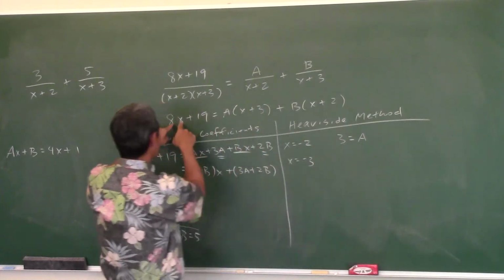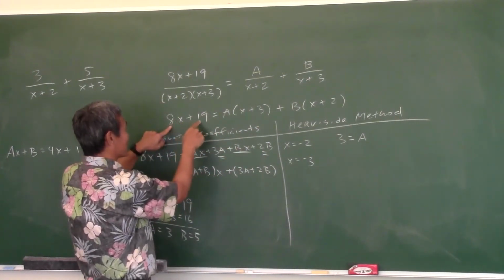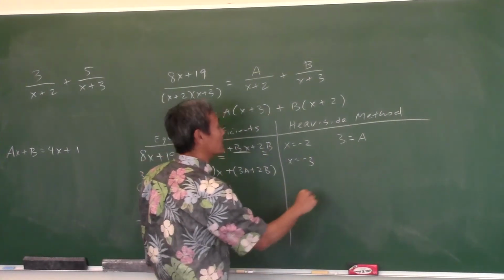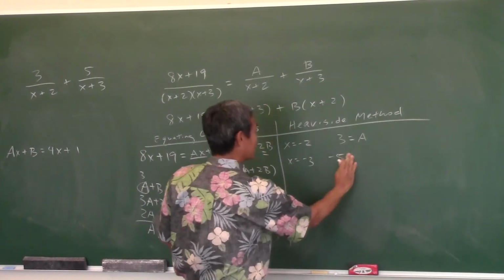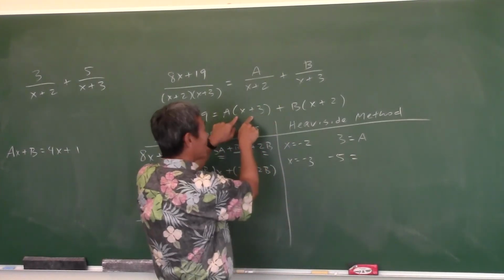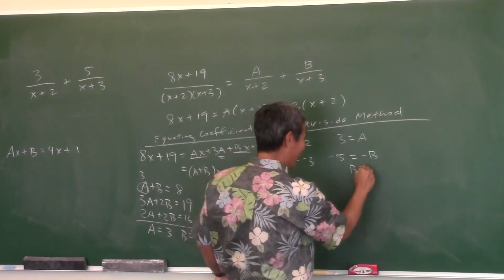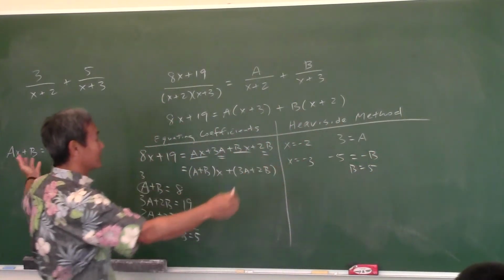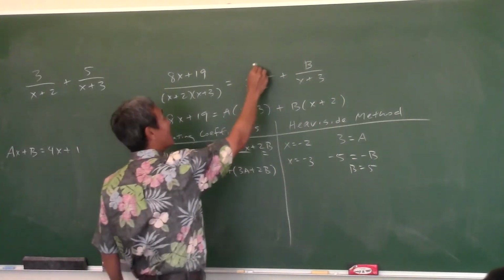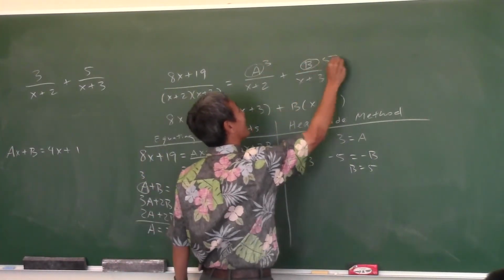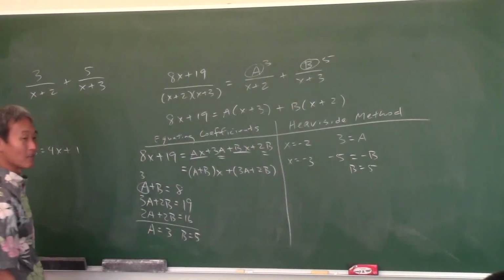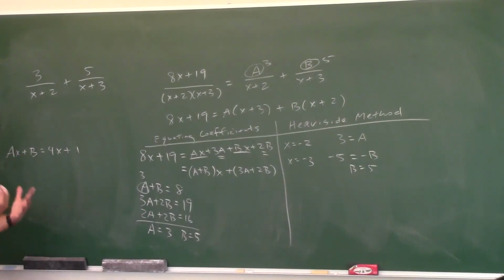So if I plug in -3, you get -24 plus 19. 5. -5 is equal to 0 plus -b. Oh, so b is 5. Finished. So that means a is 3 and b is 5, which is of course the problem that we started with at the beginning. And that's how you decompose it into partial fractions.